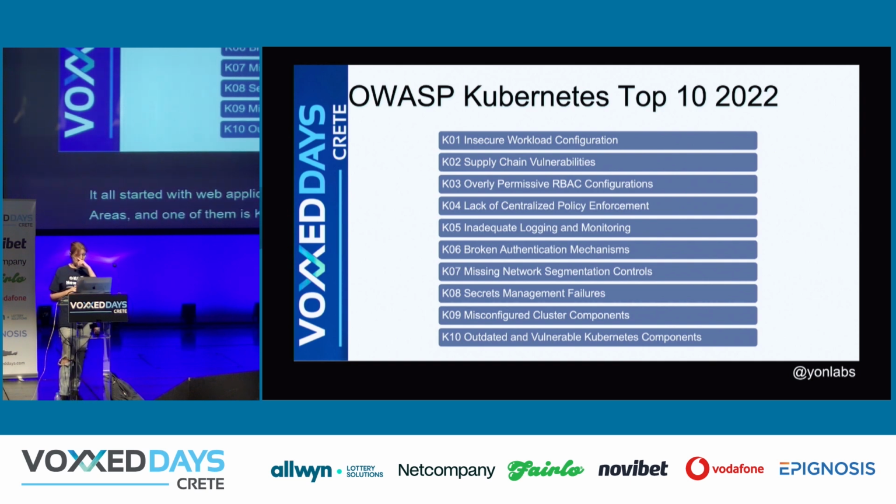OWASP publishes those top 10 security risks for different technologies, and in 2022, they've published for the first time such a list for Kubernetes. And this is like a chart of top hitters and most popular vulnerabilities when it comes to Kubernetes deployments. So number one is insecure workload configuration.